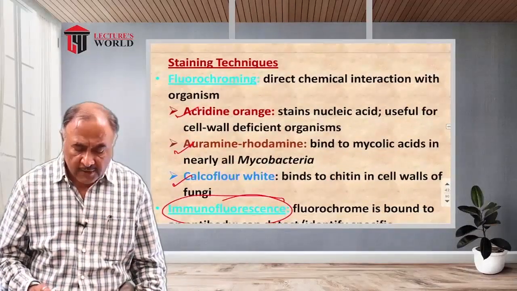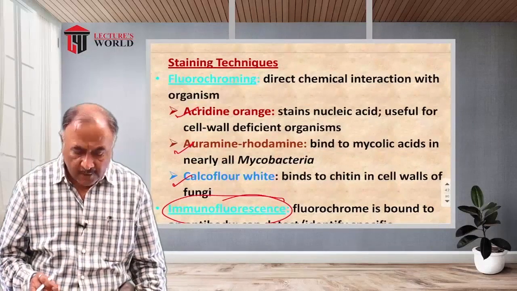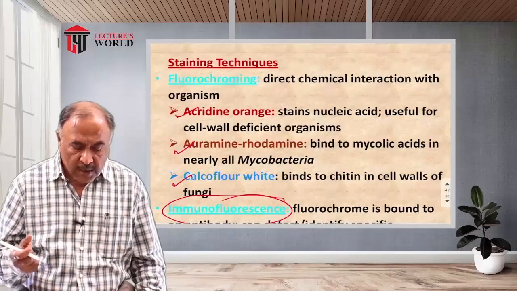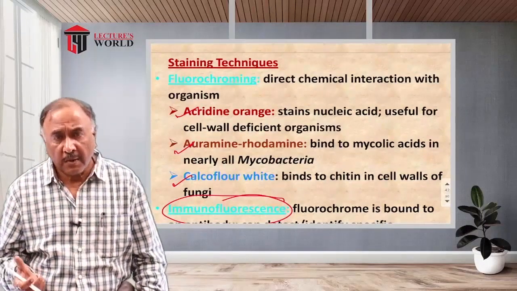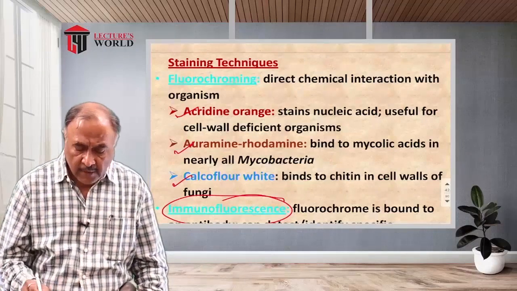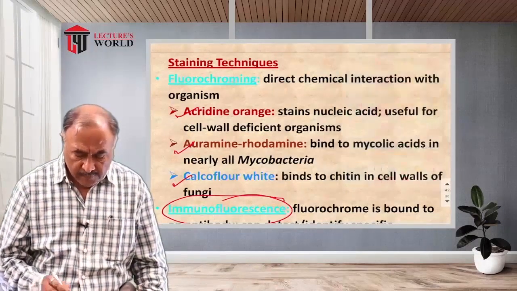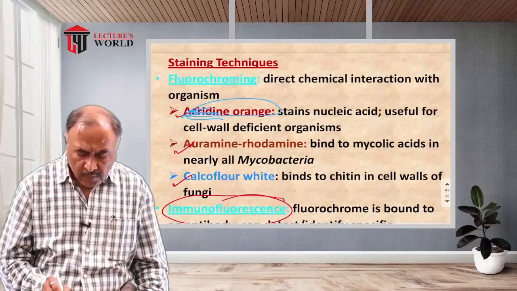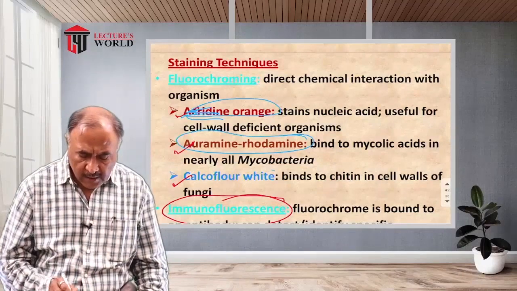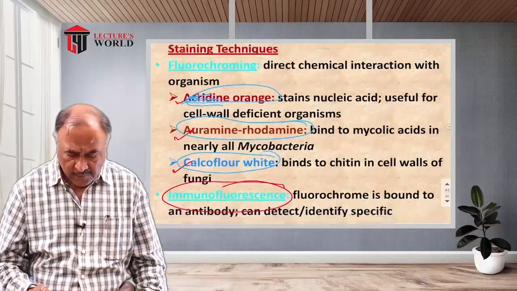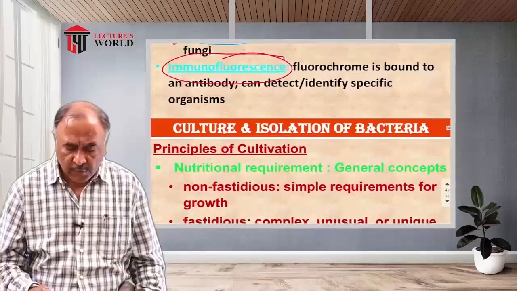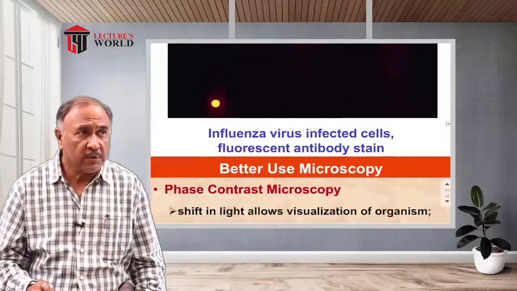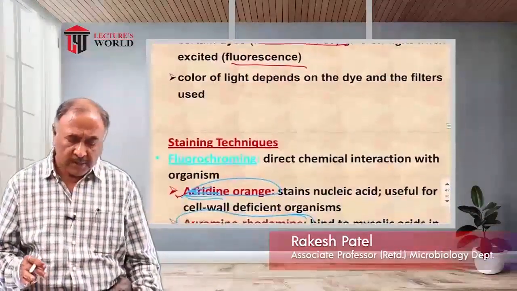The fluorescent techniques, also known as fluorochroming, can use various fluorescent dyes, and the most prominent among them are acridine orange, auramine, rhodamine, and calcofluor white. So, these are various staining techniques which are used for staining purposes.